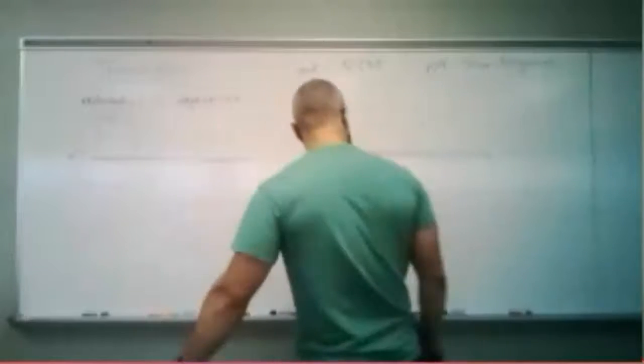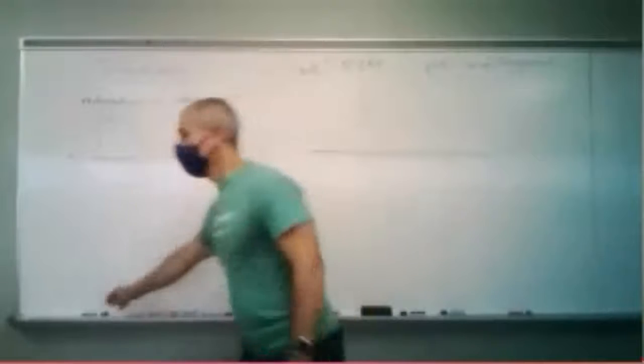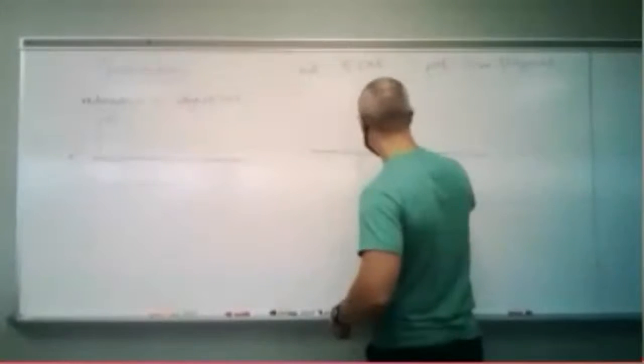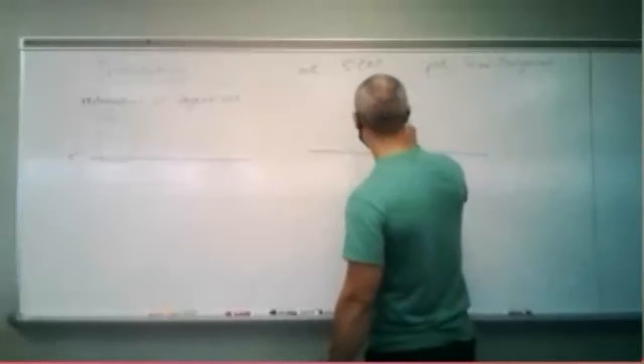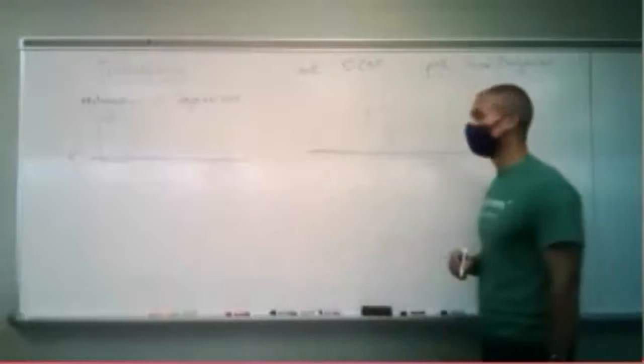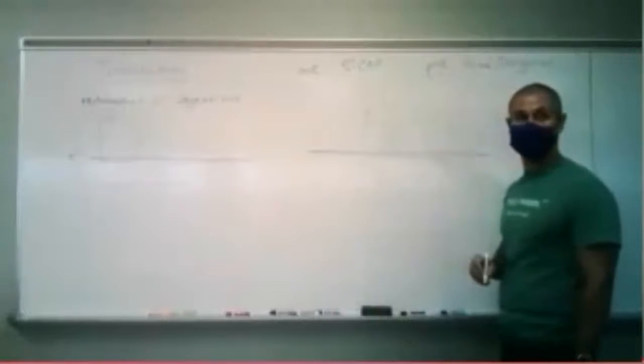So imagine what happens here. You've got a tRNA in the P site with the first amino acid. Does that make sense? That's your initiation.